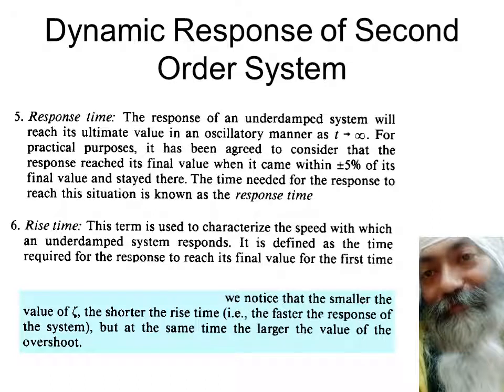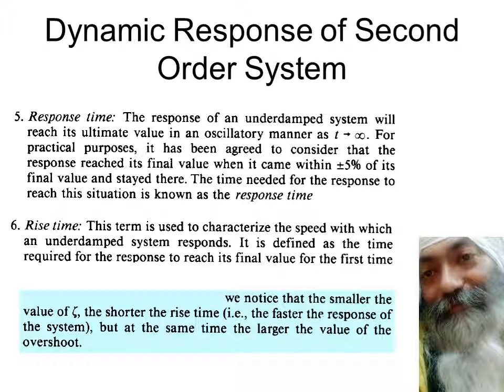But then larger will be the overshoot and more will be the decay ratio. So you cannot have both the things. If you want quick response, if you want fast response, then you will have higher overshoots, you will have greater decay ratios, you will take long time to settle.